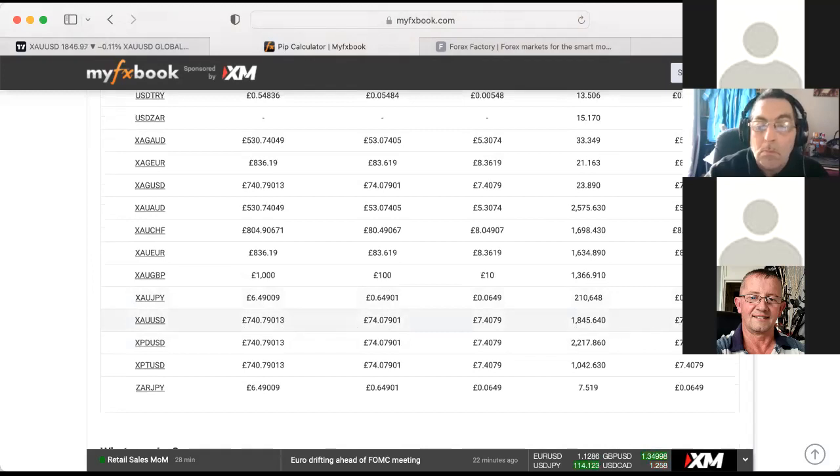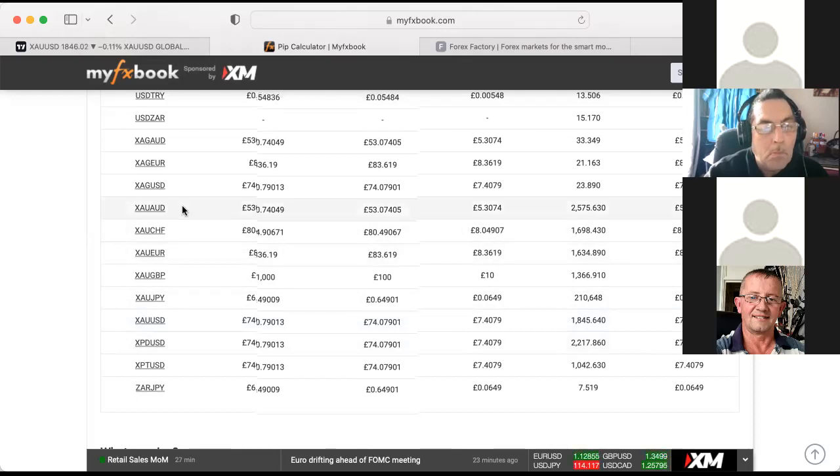And you'll see that there's a value there in the right-hand column. So what that means is that when you're trading XAU USD, in other words, gold, 1 pip is currently worth £7.40. So 1 pip with a lot size of 1 is £7.40.